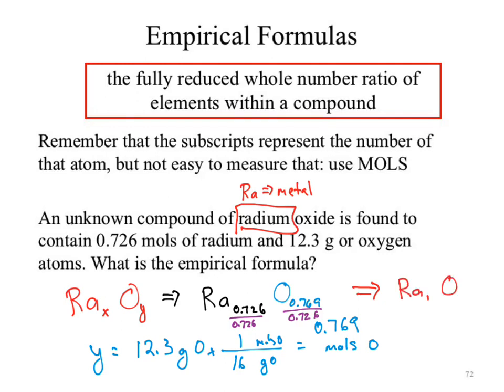Ra1 and O 1.05. We didn't hit an exact whole number. How close is that to an exact whole number? Pretty dang close. In fact, it's so close, it's close enough. And our empirical formula becomes RaO.